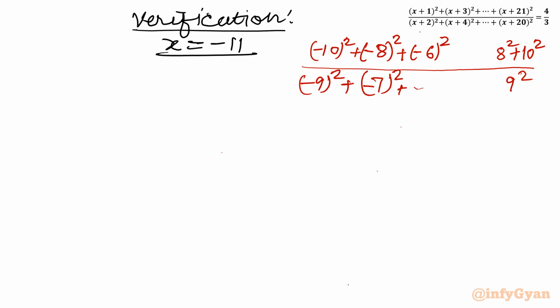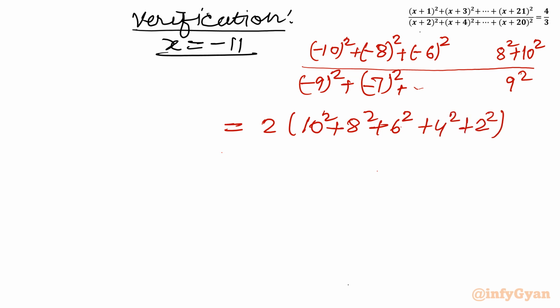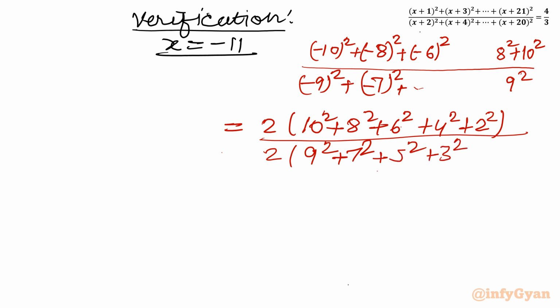So I can write this LHS as 2 times, in bracket, 10 square plus 8 square plus 6 square plus 4 square plus 2 square. In the denominator also, I will be writing 2 times 9 square plus 7 square plus 5 square plus 3 square plus 1 square. I will cancel these two numbers.